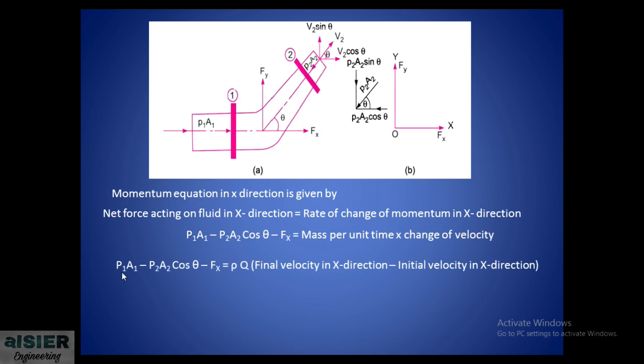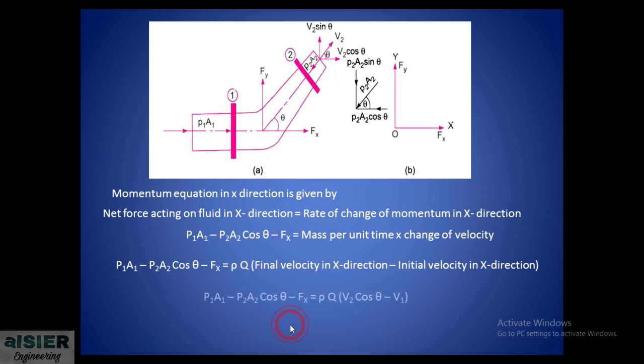So our equation becomes P1 A1 minus P2 A2 cos theta minus Fx. We have replaced mass per unit time with the product of mass density and discharge, and the change in velocity is the final velocity in the x direction minus the initial velocity in the x direction. The final velocity in the x direction is V2 cos theta, and the initial velocity in the x direction is V1.